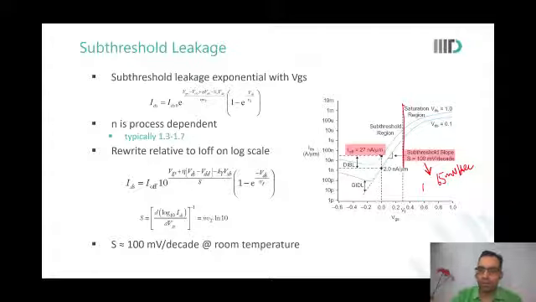Below VT, you want current to decrease faster. If it's say 100 millivolts per decade, then it requires 100 millivolts lower than VT to get 1/10 the current. Whereas if it is 65 millivolts per decade, it means my device has turned off very quickly, and even 65 millivolts below VT, I will have 1/10 the current.